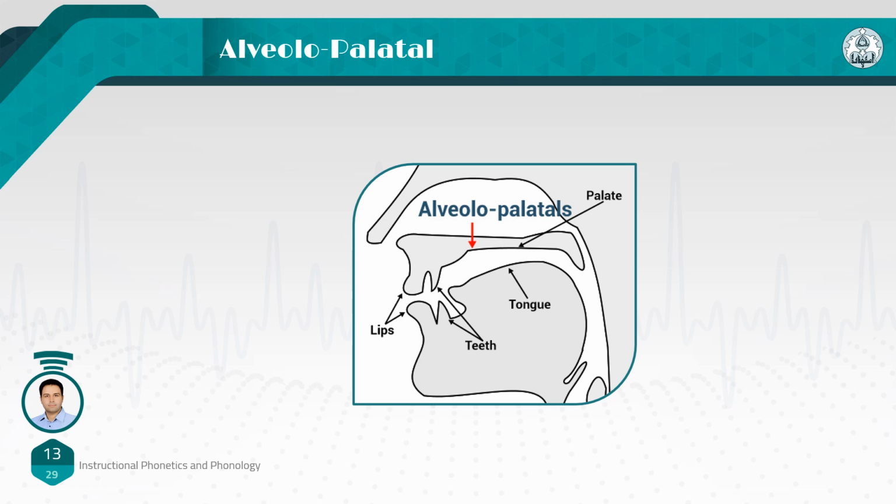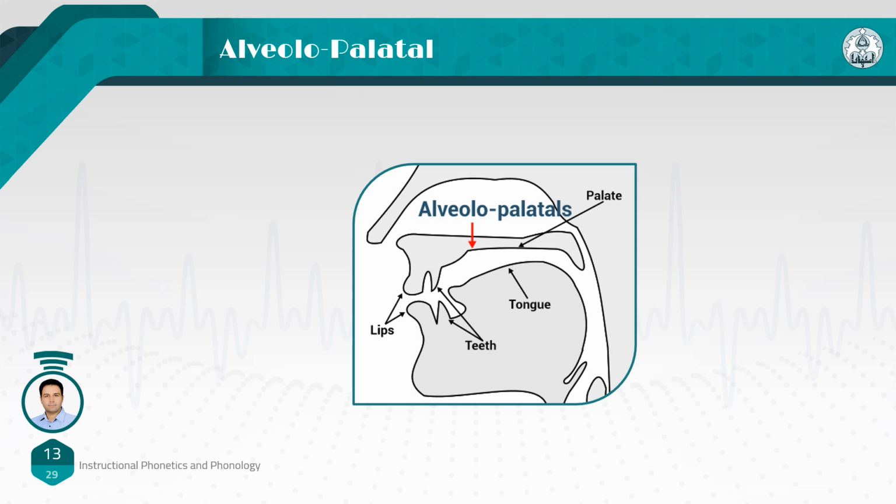A similar sound in English is sh, but sh, as I mentioned in the previous slide, is a palatoalveolar. Listen to this kind of sh that I produce right now, and compare it with the regular sh.